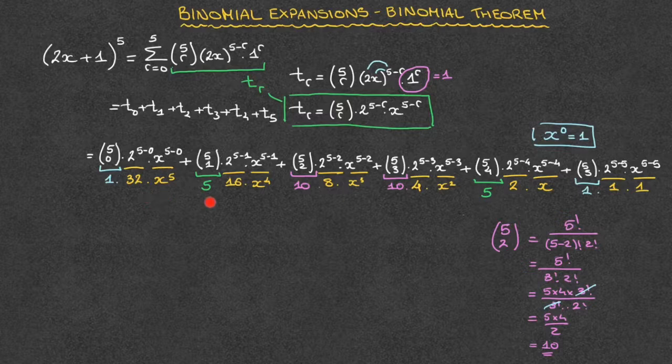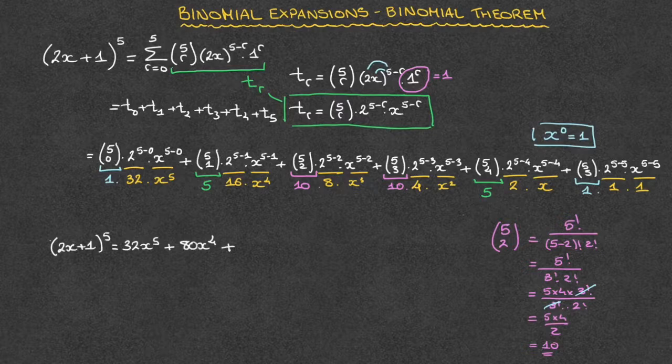And now that we've calculated the values of each of the binomial coefficients, we can go ahead and state our final answer. Indeed, we can now write that 2x plus 1 raised to the power of 5 is equal to 1 times 32 times x to the power of 5, so that's 32x to the power of 5, plus 5 times 16 times x to the power of 4. Well, 5 times 16 is 80, so that's 80x to the power of 4.